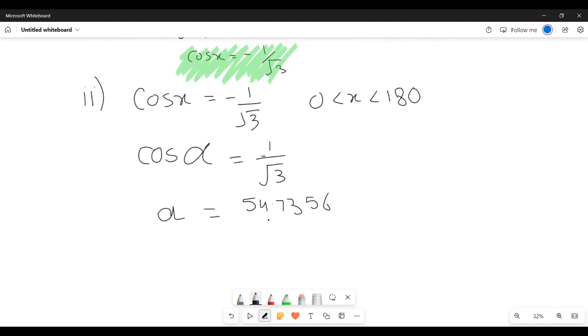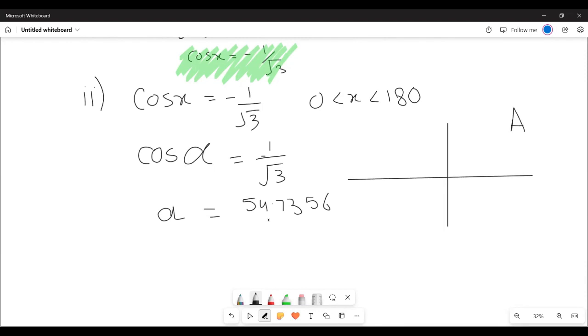Now I'm going to plot this. Cos is negative in the second quadrant and the third quadrant. So I'm going to draw the angle here, 54.7356. And you can also plot it here, but this will be out of the domain since this is bigger than 180, so we can just ignore that.